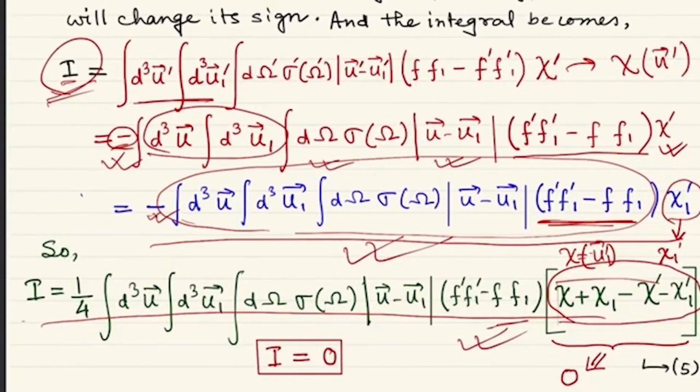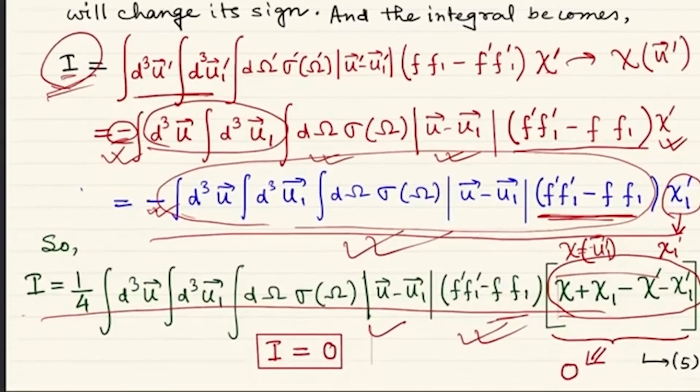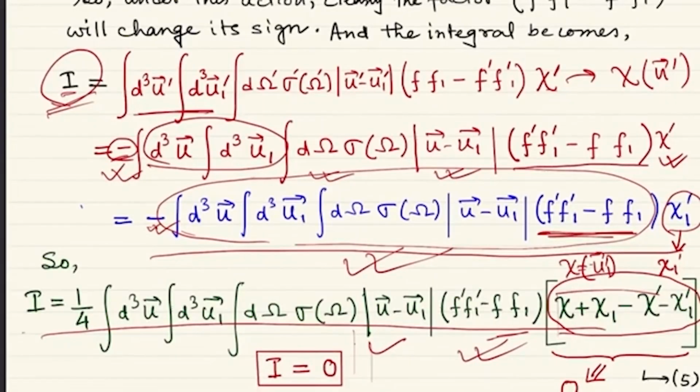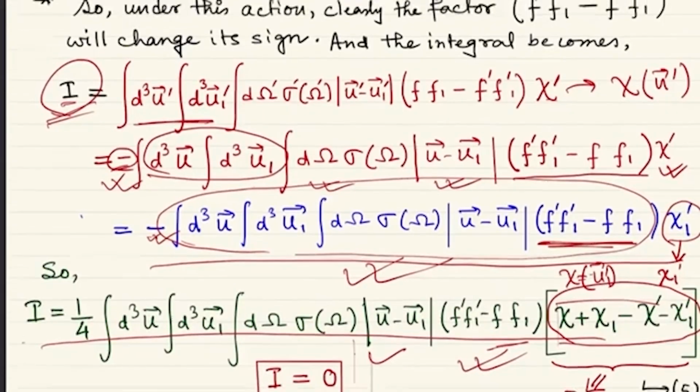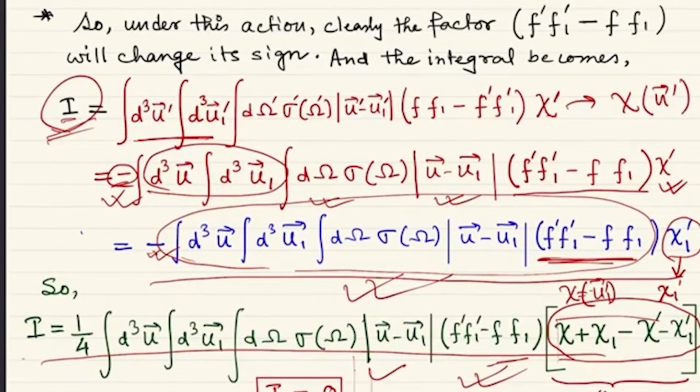So finally I can say that the integration will vanish. Although in the collisional Boltzmann equation, the right hand side is not 0.